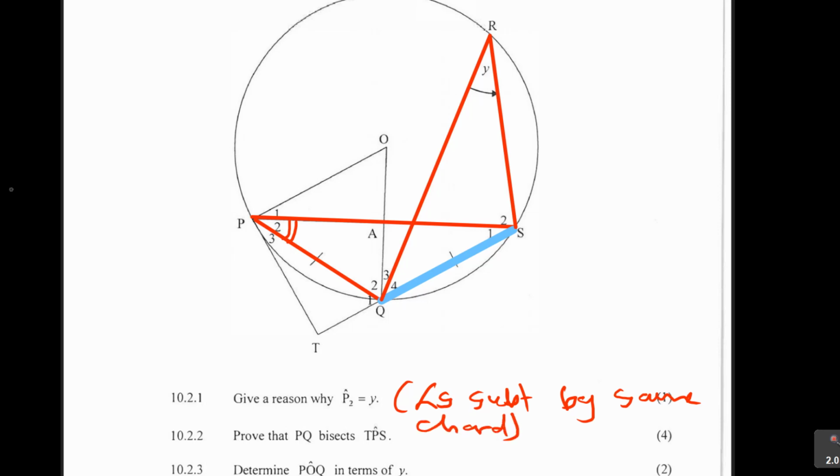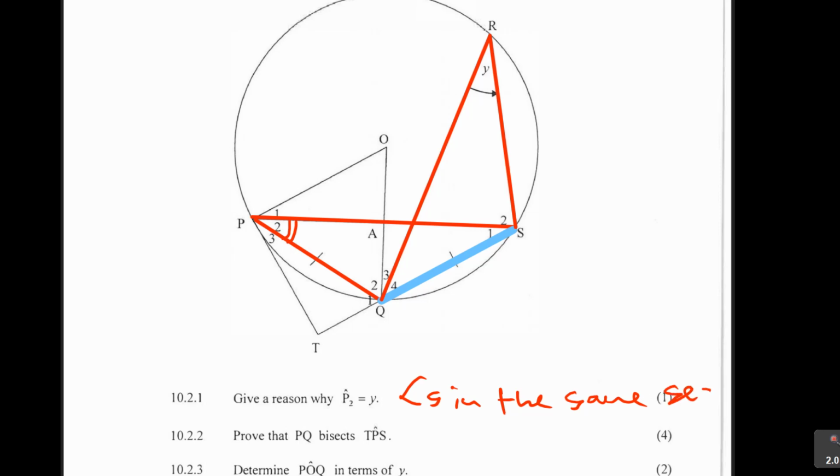But you can also simply say these are angles in the same segment. It's also proper: angles in the same segment. Why? Because it's on the same segment, from the line that is blue. So it's angles in the same segment. So that's the reason there.